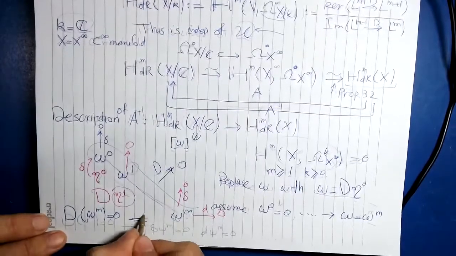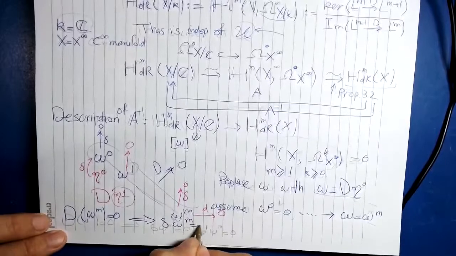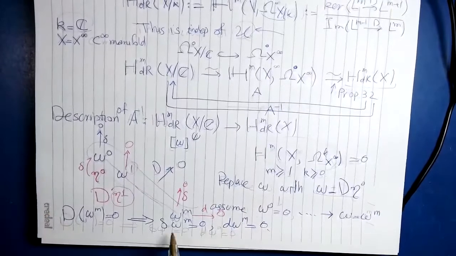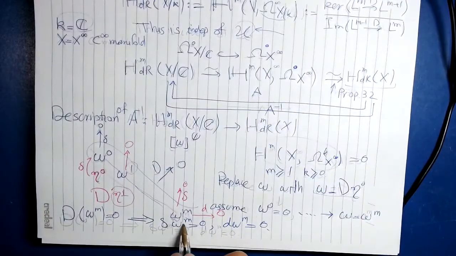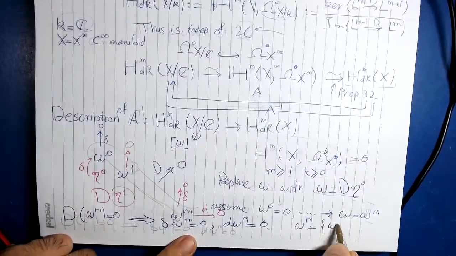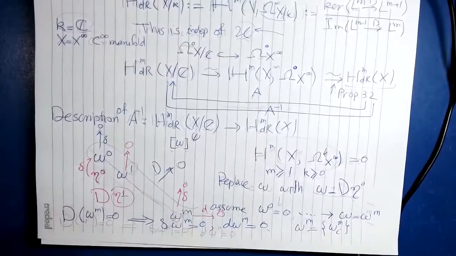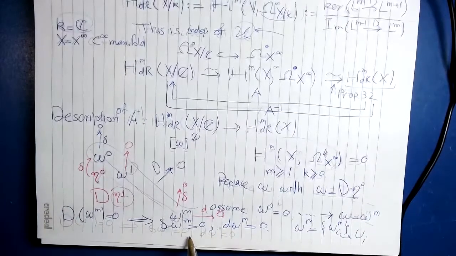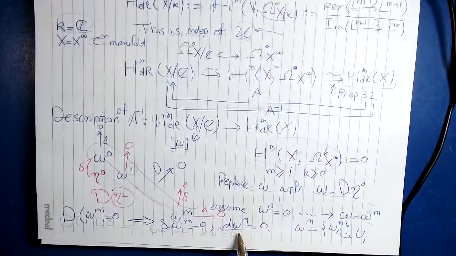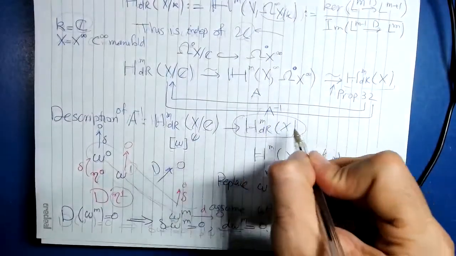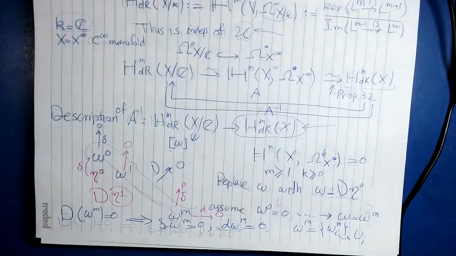This means that delta omega m is 0 and d omega m equals 0. So delta omega m equal to 0 means that omega m is actually a collection of m forms defined over U_i. This collection of m forms glue to each other, they give a global differential form, and this global differential form is closed. And so at the end, we will get an element in the classical de Rham cohomology.